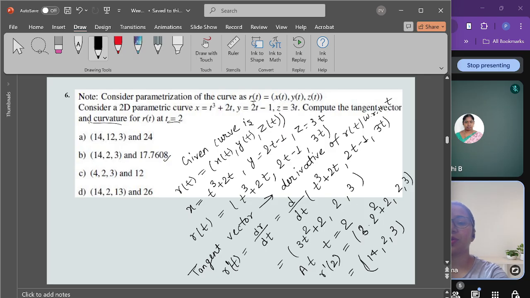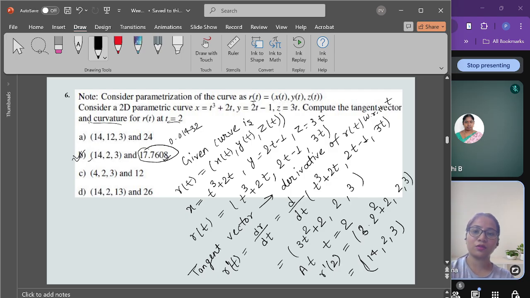So basically option B is the correct one, because the tangent is matching but the curvature is not exactly matched, only approximately. No other values are nearby this one. That's why option B is the correct option. Basically it is 0.01432 that you will get here.